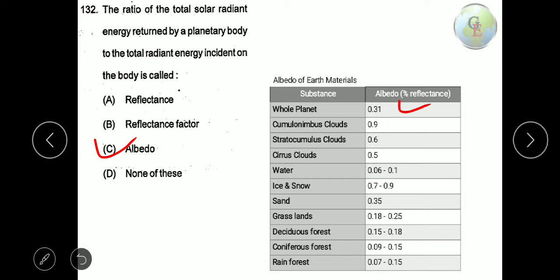So the albedo will be more on clouds. That is, first one is cumulonimbus cloud, then stratocumulus cloud, then cirrus cloud, then water is 0.06 to 0.1, then ice also has very high albedo, then sand, then grassland, then deciduous forest, then coniferous forest, then rainforest.